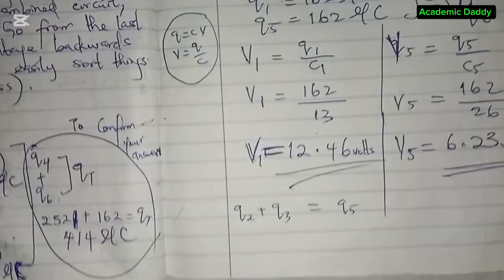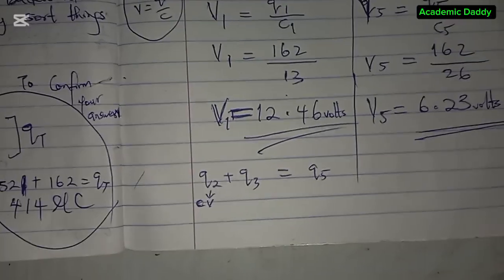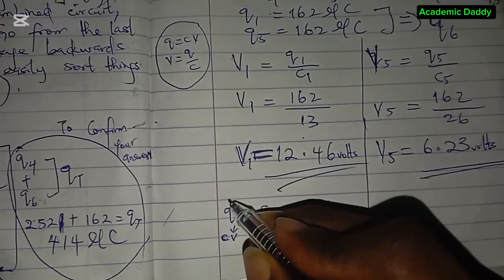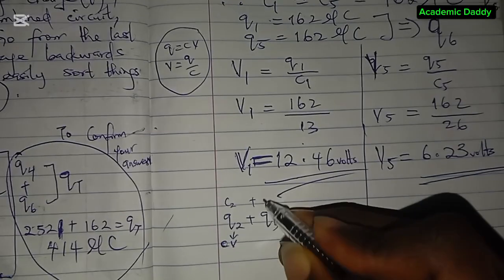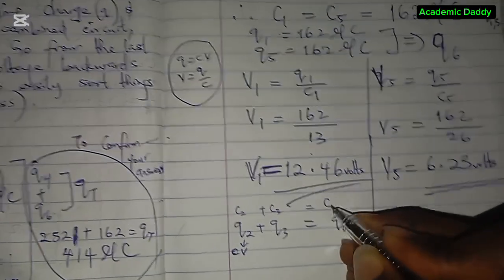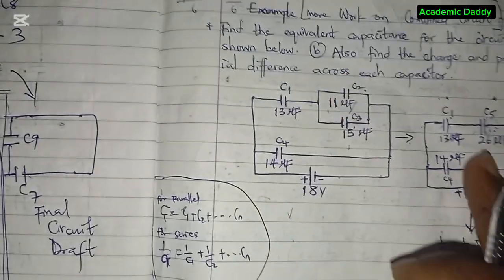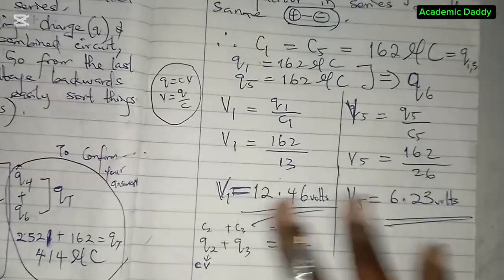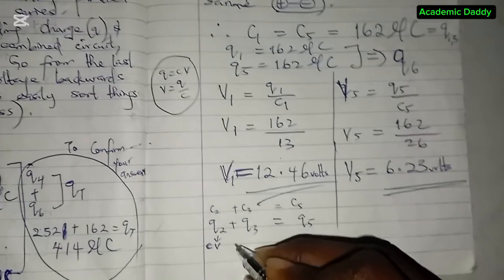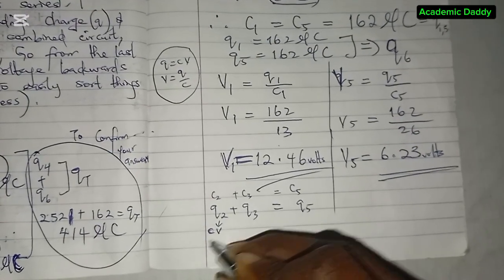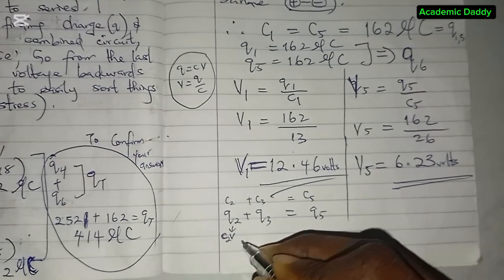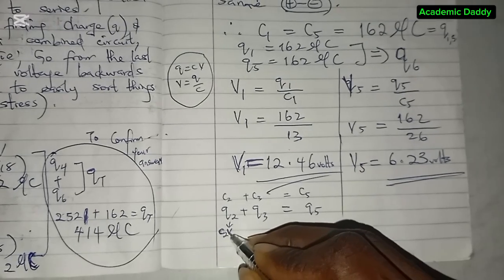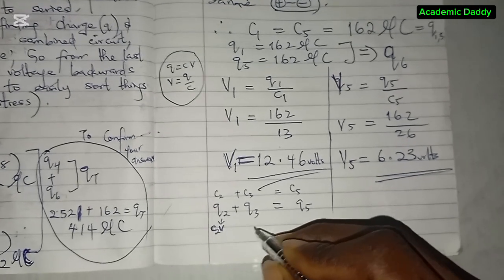So how do we now find the individual charges there? So let's think. Since we know that C2 plus C3 gave us C5, I will now say, this is C2V, because they are in parallel.